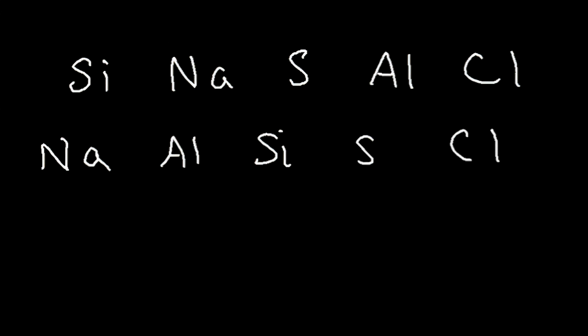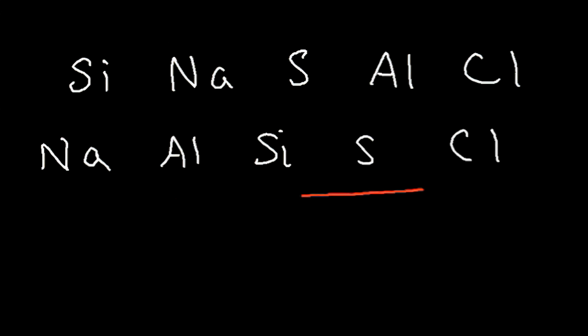So as we've been doing before, let's place them based on their respective positions in the periodic table. Now, each of these elements is located in the same row. Sodium is found in group 1, aluminum in group 3A, silicon in group 4A, sulfur in group 6A, and then Cl in group 7A.